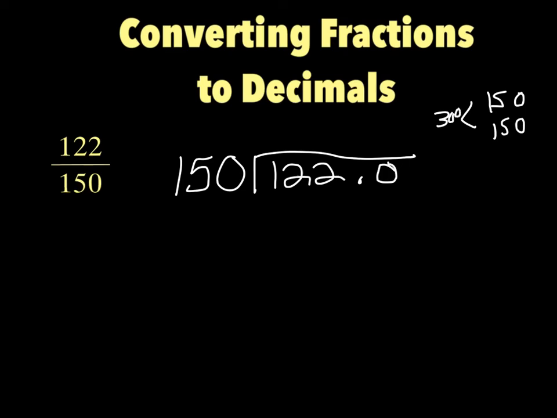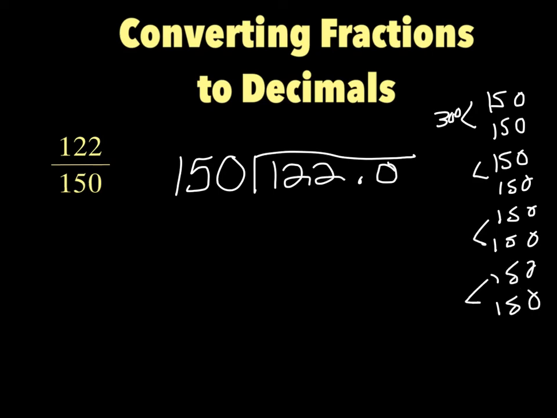So that's 2 of those. So another 150 and 150 would make 600. 150 and 150, that would make 900. 150 and 150, that would make my 1200. So I have 1, 2, 3, 4, 5, 6, 7, 8 of these. So I have 8s. Don't forget to bring your decimal place up.